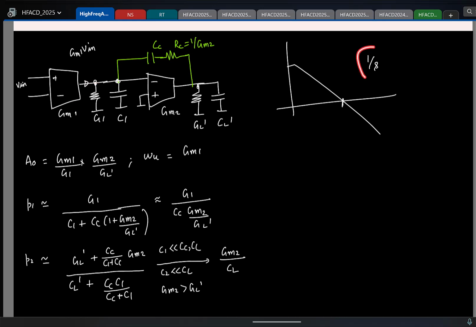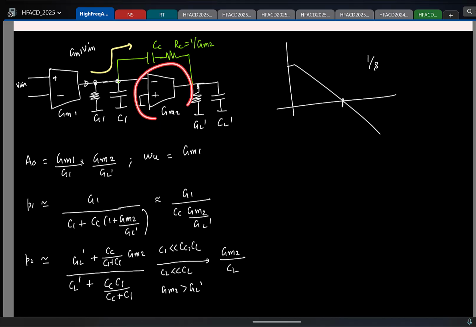My transfer function is of the form 1 by S, correct? I have a current GM1 V in. To get a transfer function of the form 1 by S, should the current flow through a resistor or a capacitor? Capacitor. So this is obviously going to flow through the capacitor, and CC is larger than C1, so typically all the current will try to flow here. Let's say we are looking at sufficiently low frequencies where this stage is providing decent gain.